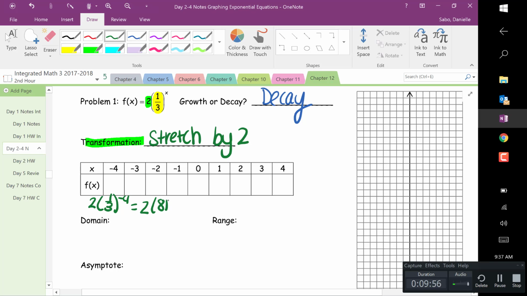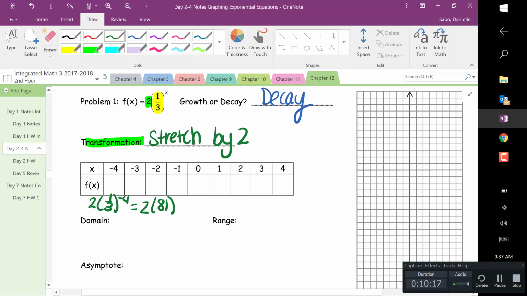Right now I have 2 times 81. Here's why again: 3 to the 4th power, if I cover up this negative, is 81. This negative then takes it from the bottom and brings it to the top. That's what the negative exponent does.